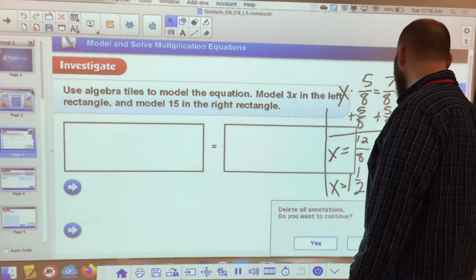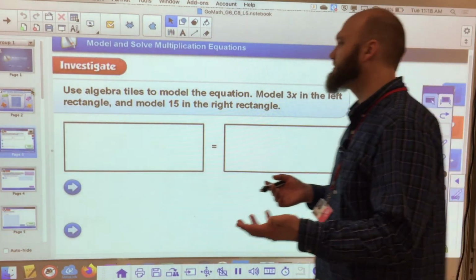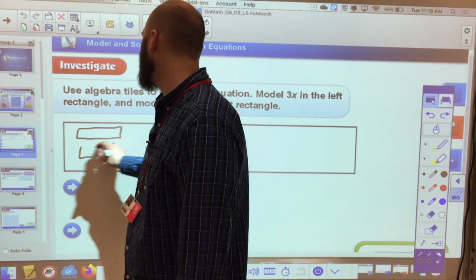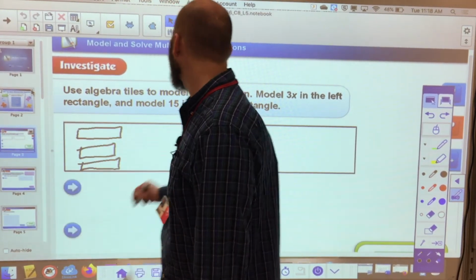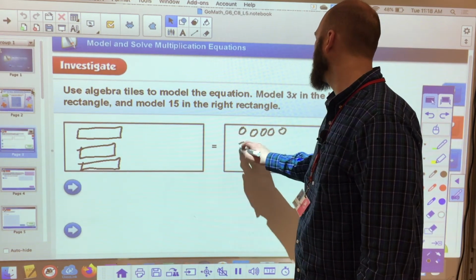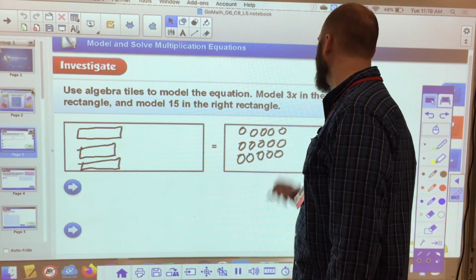All right, so inverse operations, what does it look like in your book? They would ask you for algebra tiles to model the equation, model 3x on the left rectangle. So I can do that with algebra tiles, and it's going to be 3 of these and 15 in the right rectangle. I'm going to make circles because it's a little quicker. 15.